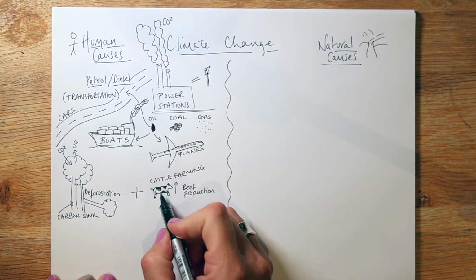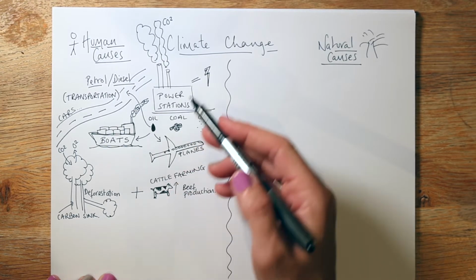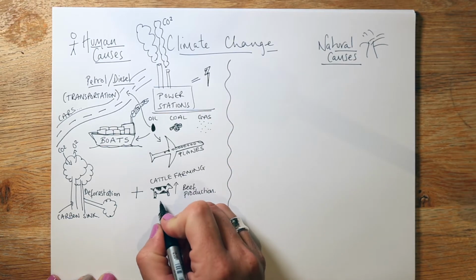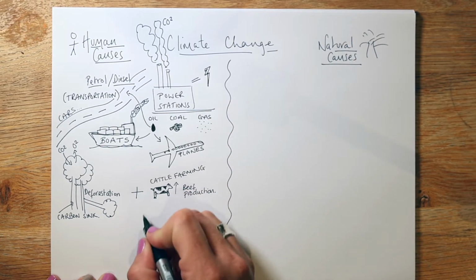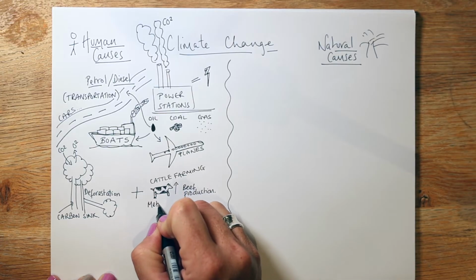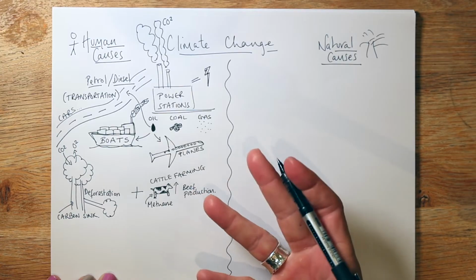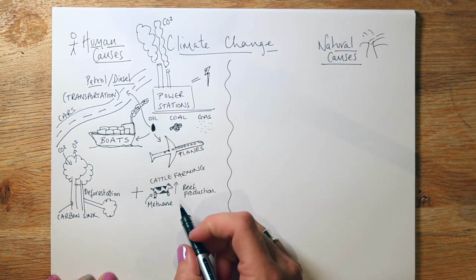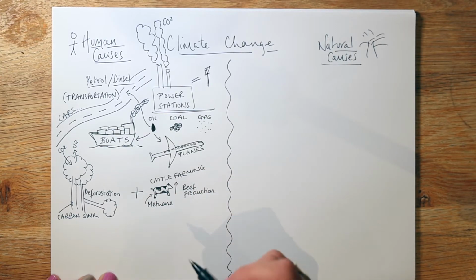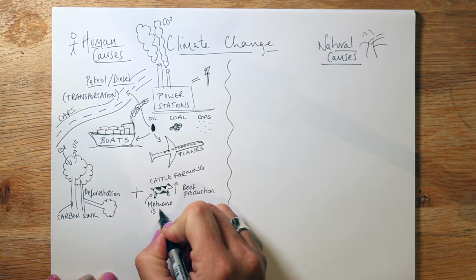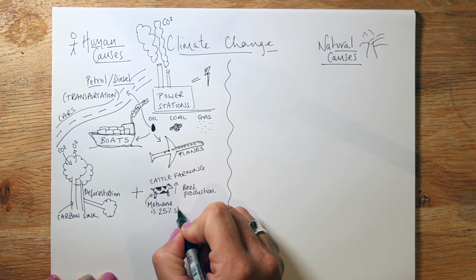The other thing to mention here, while we're looking at kind of climate change and gases, is out of their rear end comes methane. Okay, methane is obviously cows burp and they fart, and methane is 25 times stronger than CO2.